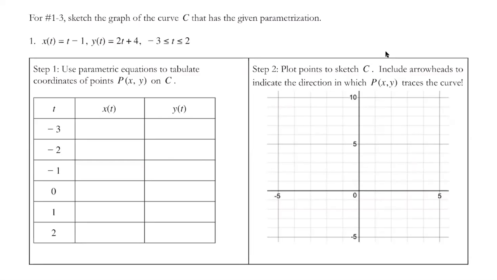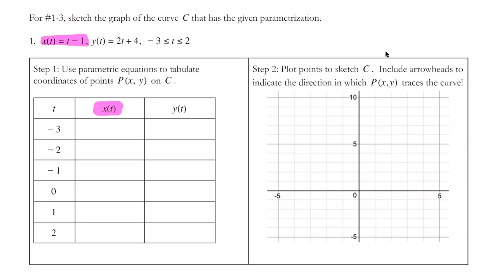All right, so let's start with our equations. In this case, we have x of t equals t minus 1, okay? So x of t equals t minus 1. And we have space in our table for x of t.